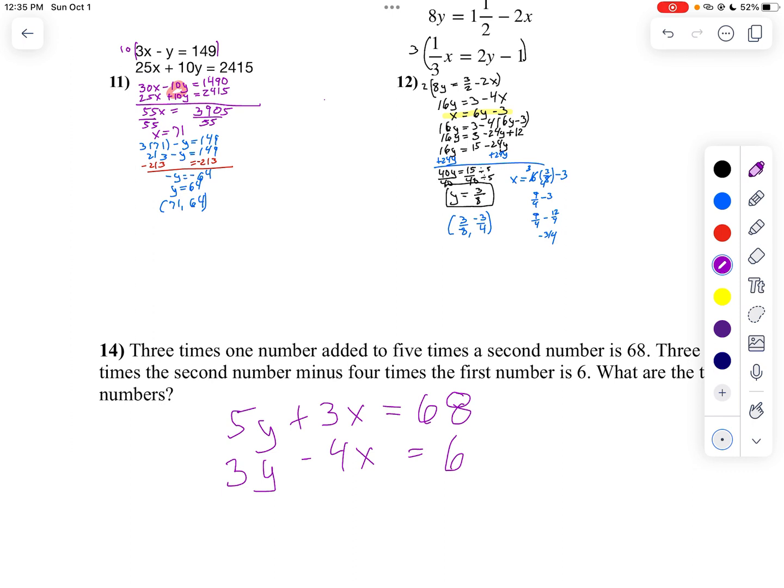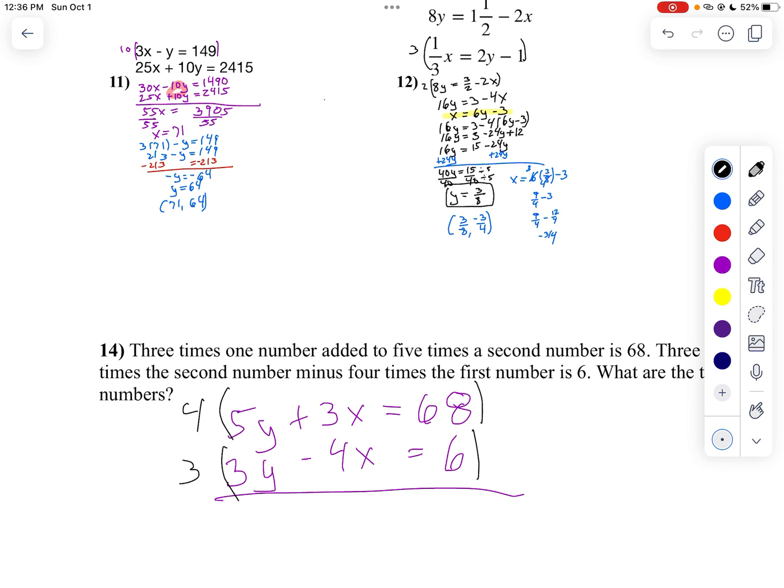Well, let's get rid of the x's. Let's use elimination because they're nice columns. They did that nice for us. So the first equation, let's multiply that by 4. The second equation, we'll multiply by 3.